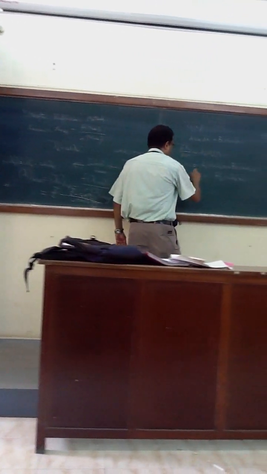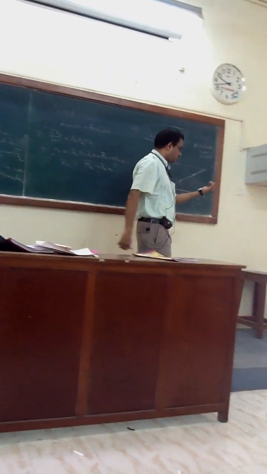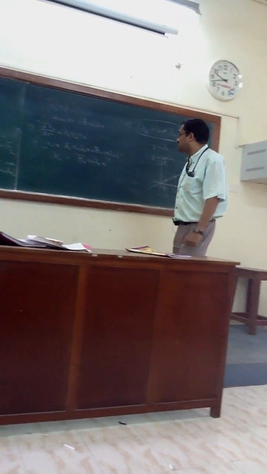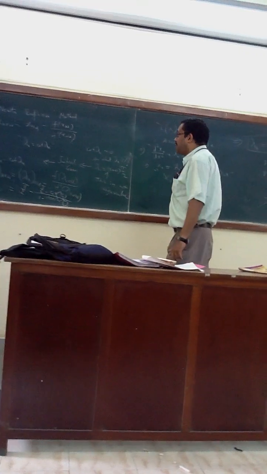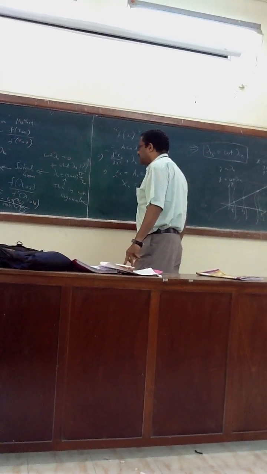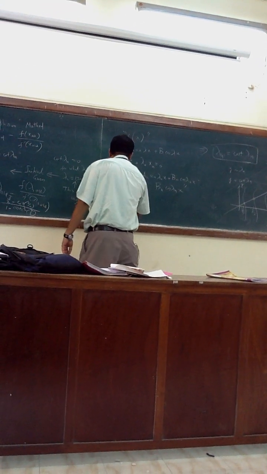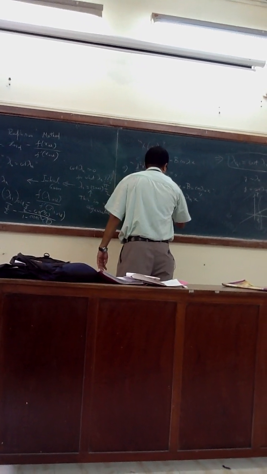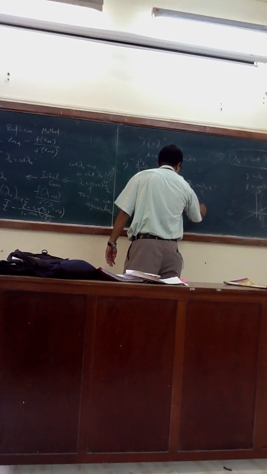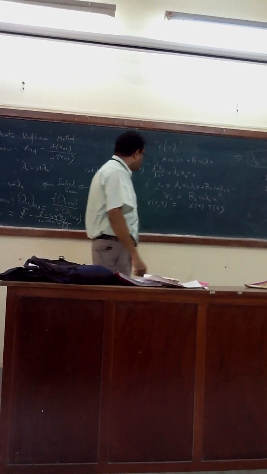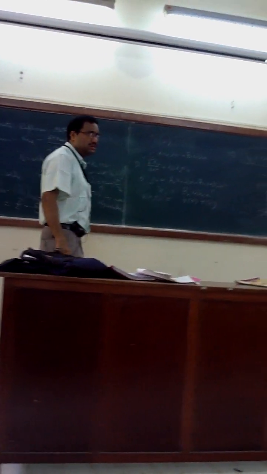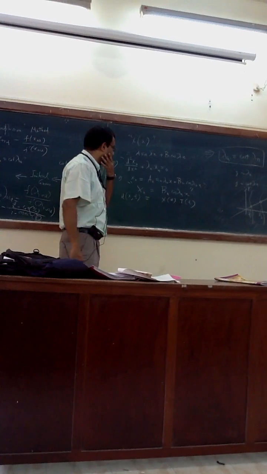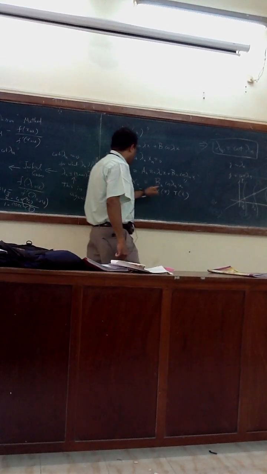Okay, so you got the eigenfunction, which is Xn equals bn cos lambda n x. What's your final solution then? Your final solution u(x,t) is nothing but capital X(x) T(t). Am I correct? Yes or no? How many eigenfunctions do you get?